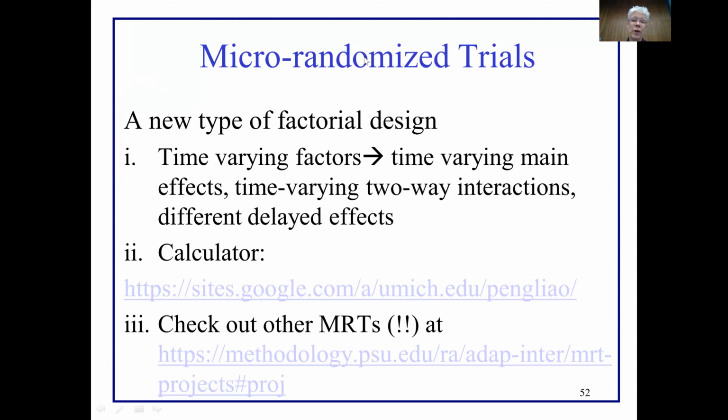Now, the randomization probability will always be non-zero, but it will be higher if you're more likely to respond to an activity suggestion. And it'll be lower if in that context at that time, you're less likely to respond to an activity suggestion.